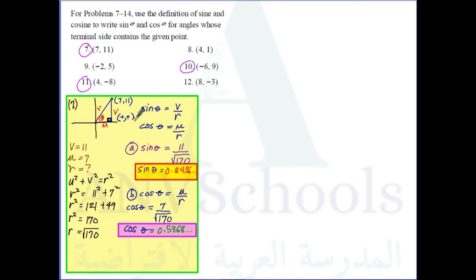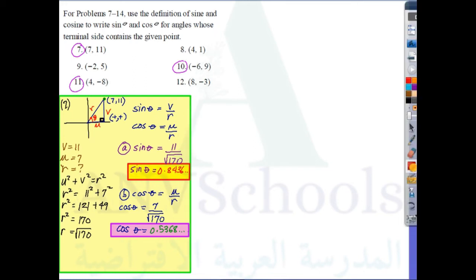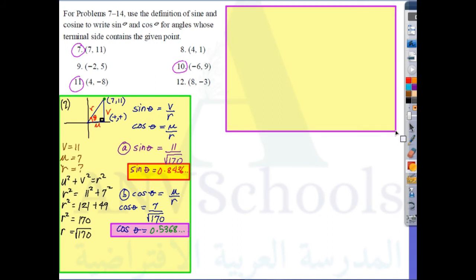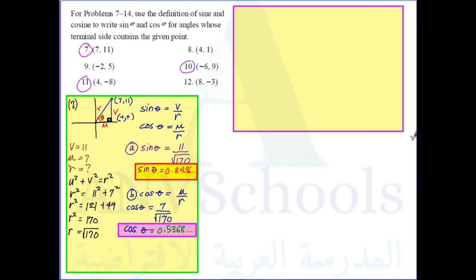Now let's do number 10. We need a square. Number 10 is in quadrant 2, right? So we're going to have this sketch.